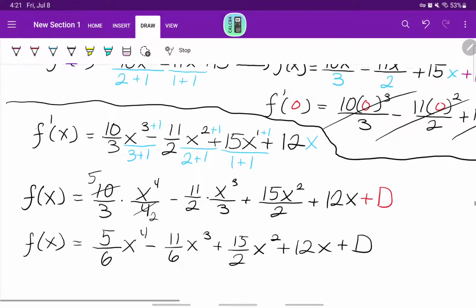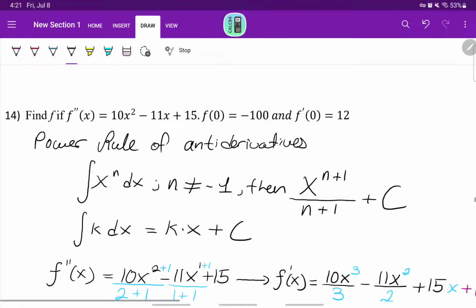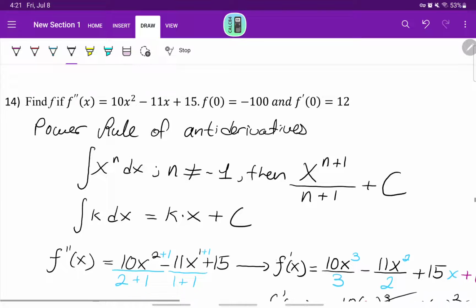Remember, scrolling back up to the top, f of 0 is negative 100.